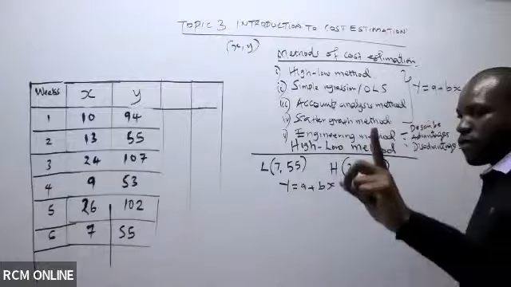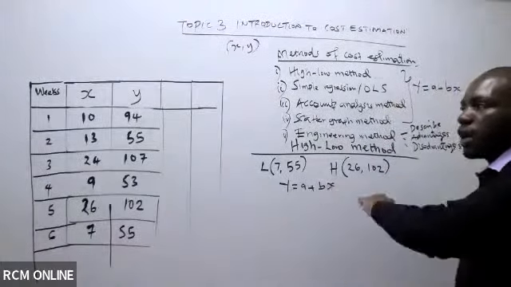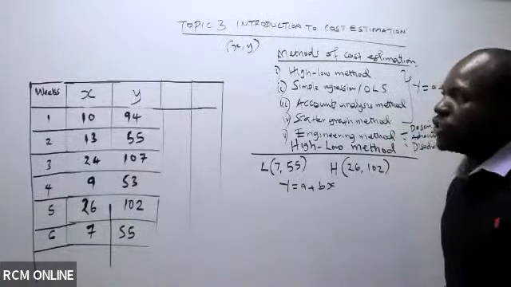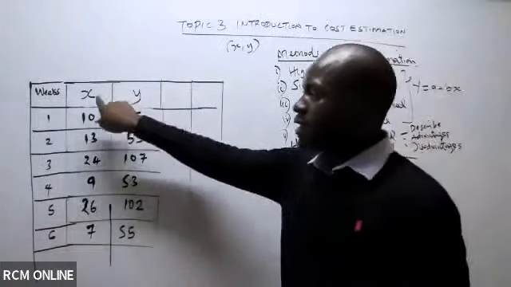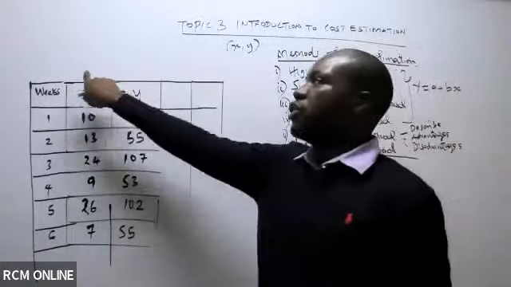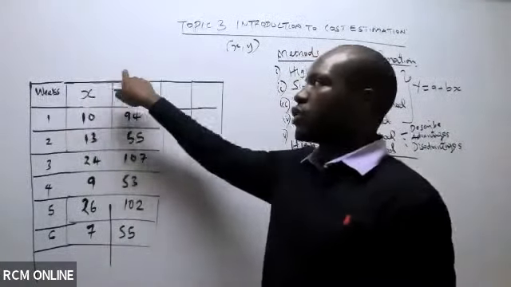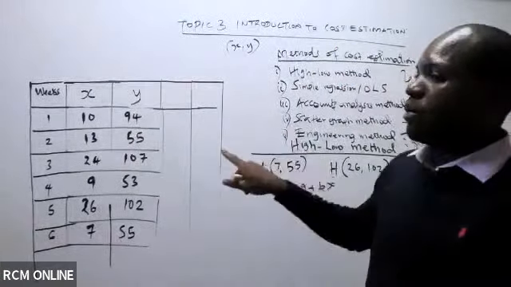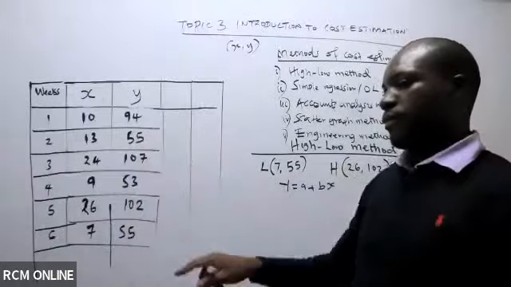So the first step, if you can recall, irrespective of the method you are going to use, our first step is to identify which one will we have as X, which one will we have as Y. Remember the starting point, we add units produced and production cost. This time round, at this particular point, we are now talking about X and Y. Good.